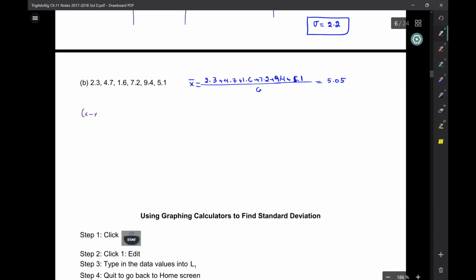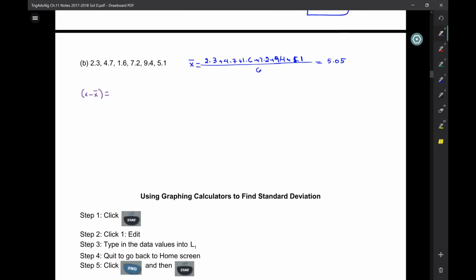Another shortcut. X minus x bar, right? And then I'm going to square it, right? I don't even do negatives, because it's pointless. So I do like 2.3 minus 5.05. And yeah, that's negative something, but I just write positive 2.75, right?